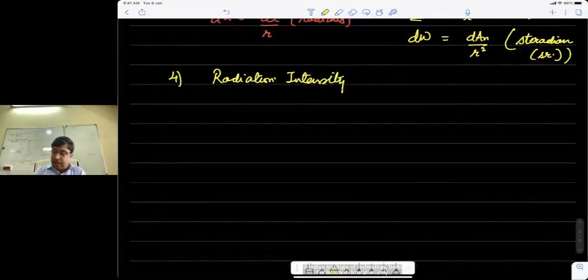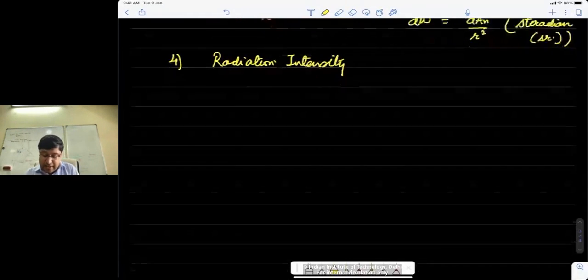Each surface responds to radiation depending on the direction from which the radiation is coming or going. The surface may be either receiving or emitting radiation, so we quantify that dependence in terms of radiation intensity.